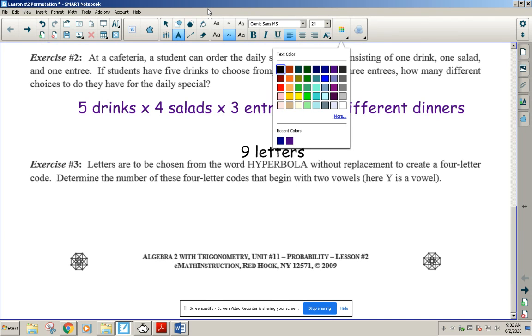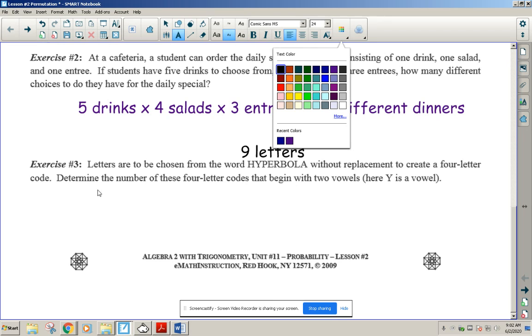Now, there are some stipulations. Determine the number of 4-letter codes that would begin with 2 vowels. Now, why is a vowel here? So if we look, we have E, we have Y, we have E, we have O, we have A. We have 4 vowels.